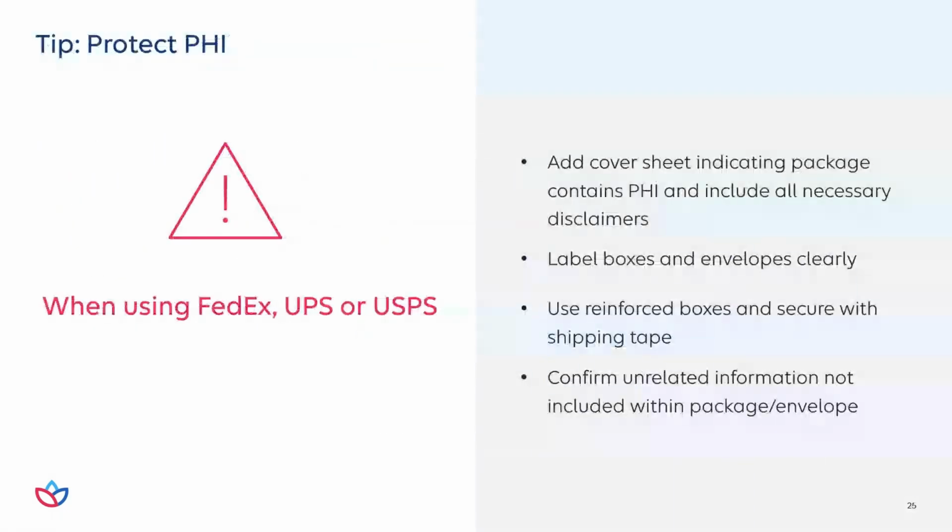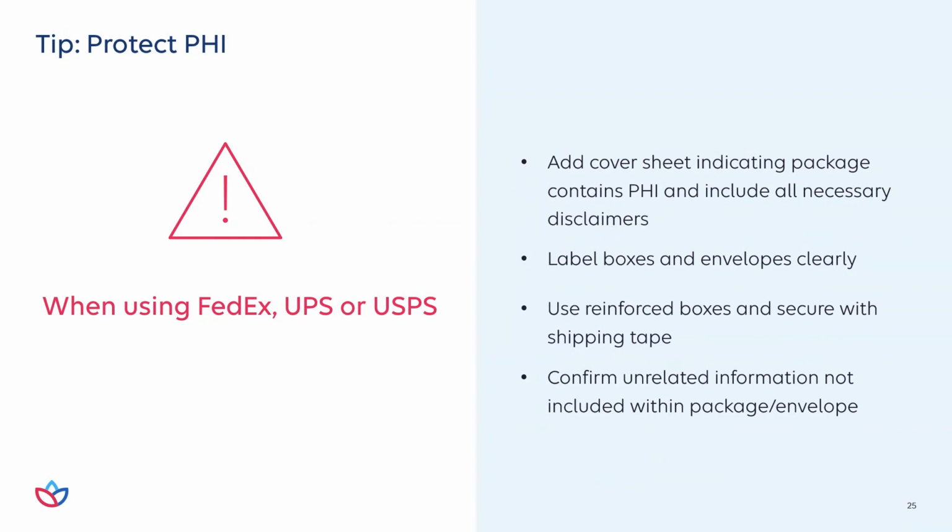Some tips on protecting PHI. When you're sending your documentation via FedEx, UPS, or USPS, add a cover sheet indicating that the package contains PHI and include all necessary disclaimers.